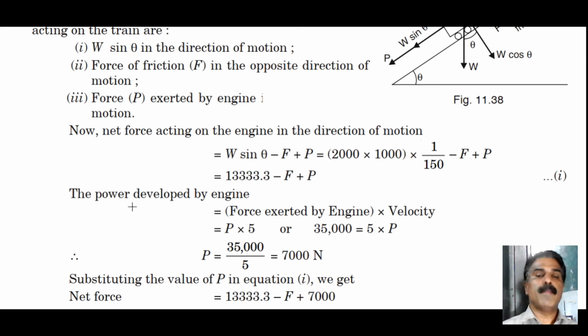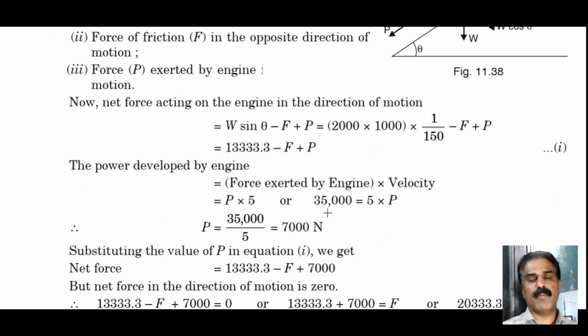Then the power developed by the engine. We know the equation: power is equal to force into velocity. Now, to generate a power of 35 kilowatts or 35,000 watts, the engine has to apply a force of P, and we know P into 5 is equal to 35,000.